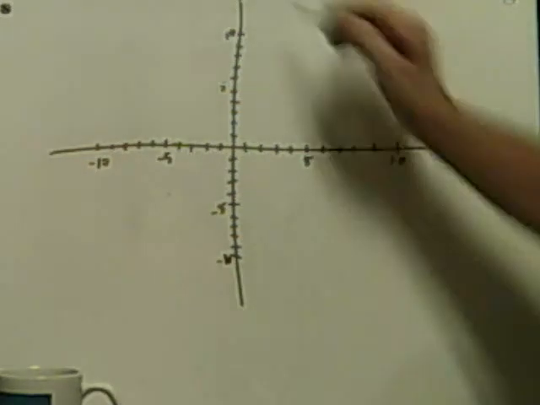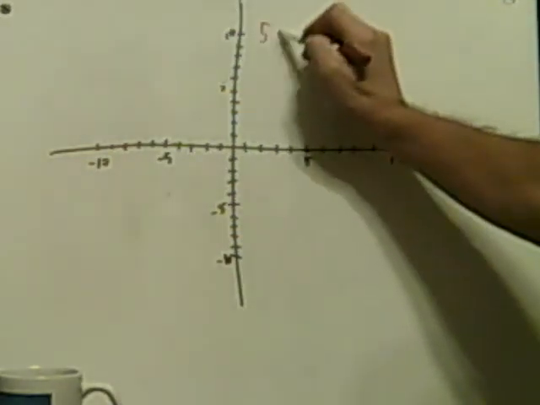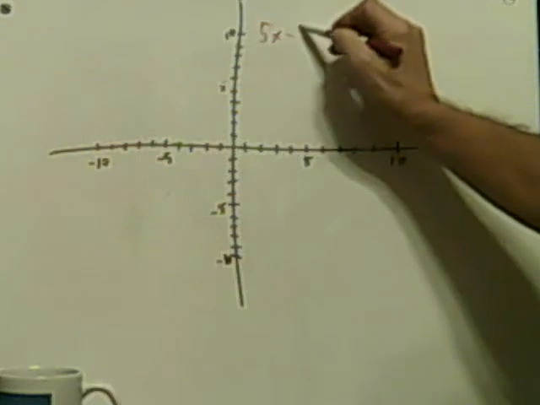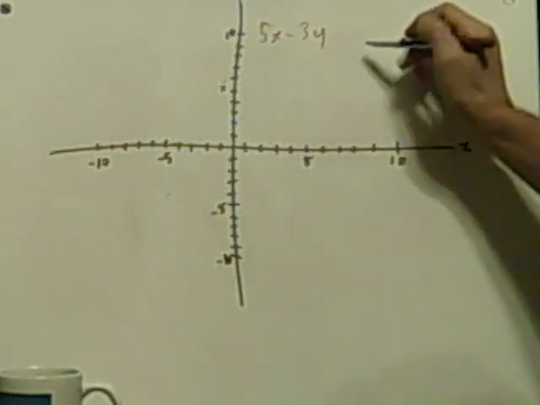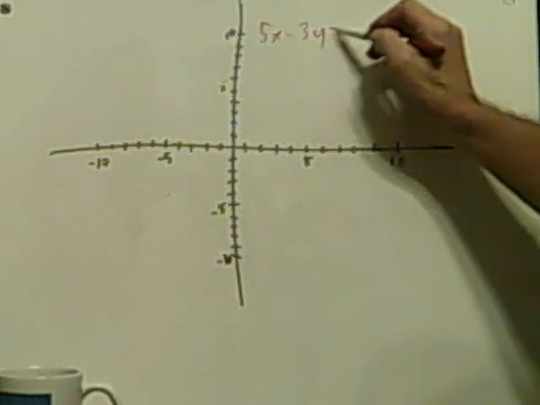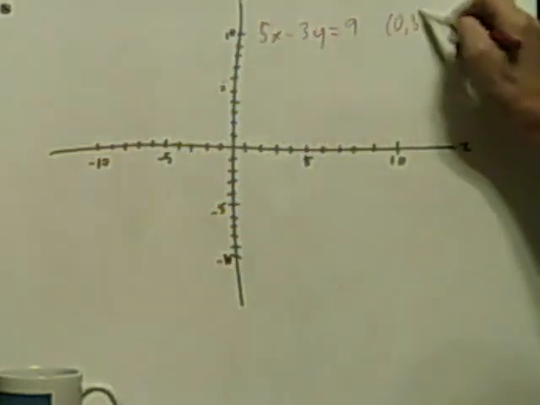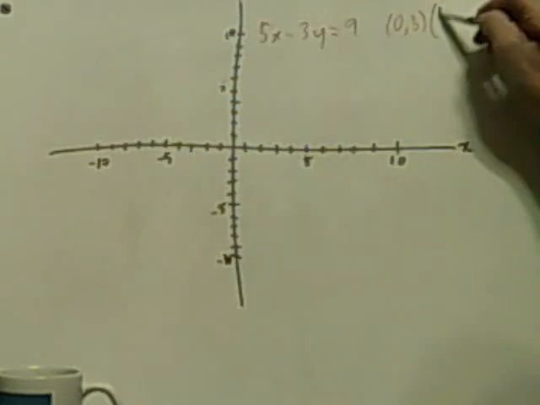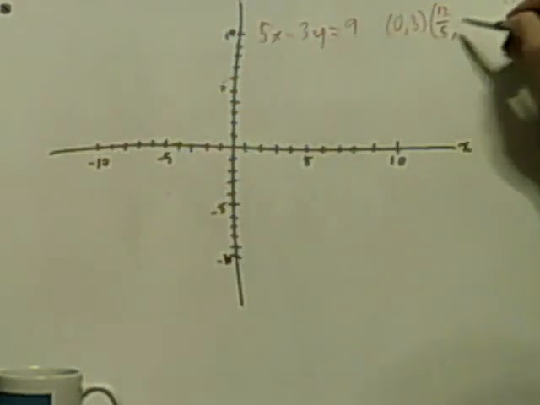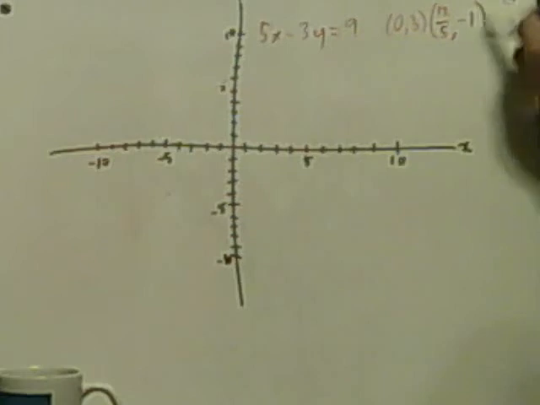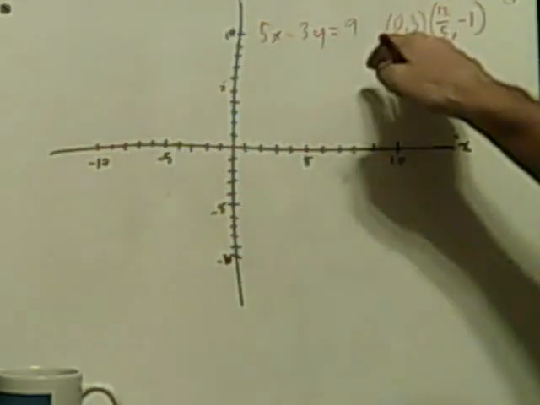Okay, number 14. 5x minus 3y equals 9. We want to check the points 0, 3 and 12/5 and negative 1. Well, first let's do 0, 3.